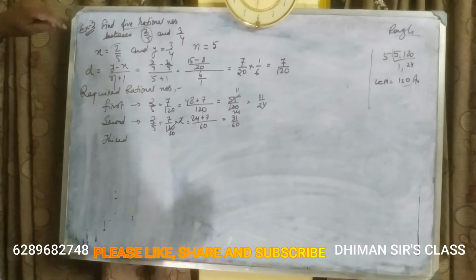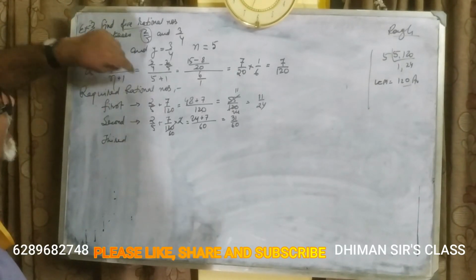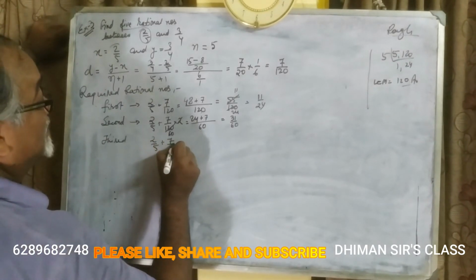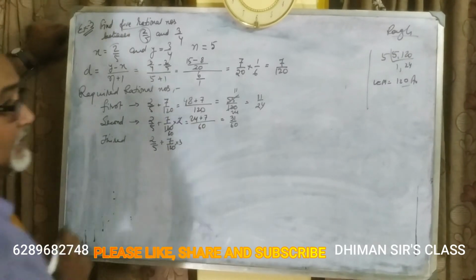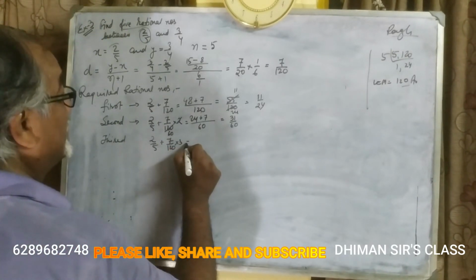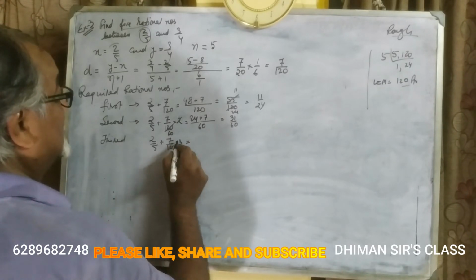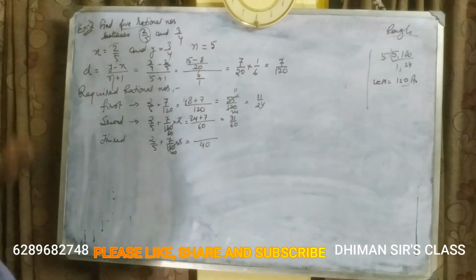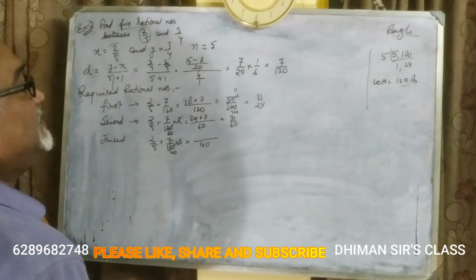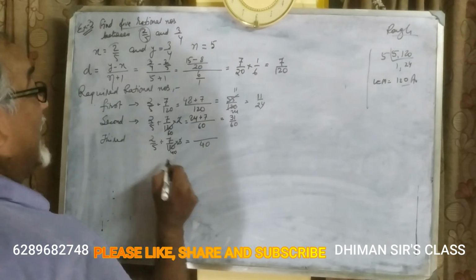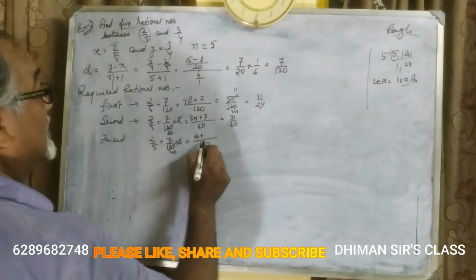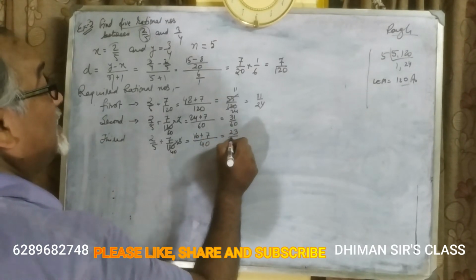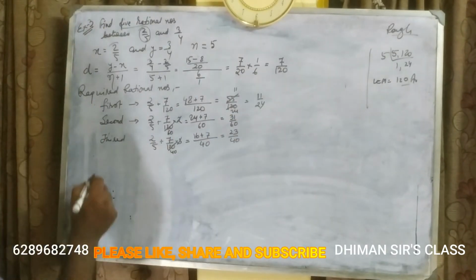Third required. Again I am reminding you, it is the required rational number. Third required rational number will be 2 by 5 plus 7 by 120 into 3. Now LCM will be 40. 5 8s are 40, 2 8s are 16, plus 7, 23 by 40, cannot be cancelled anymore.